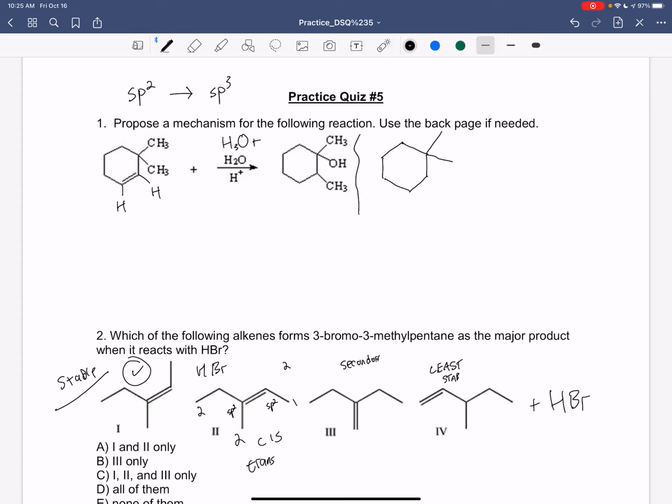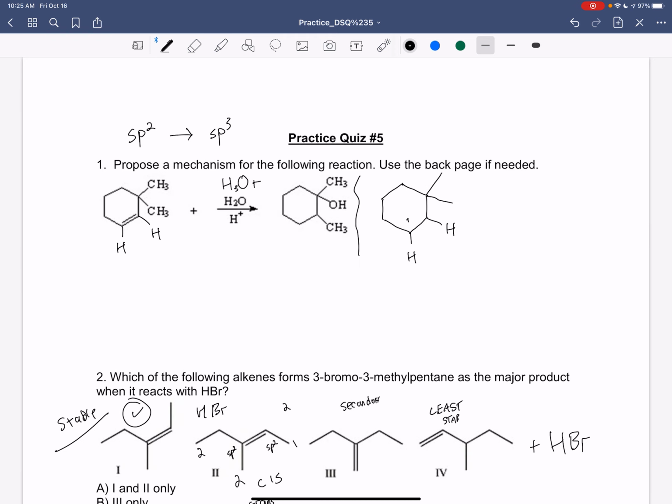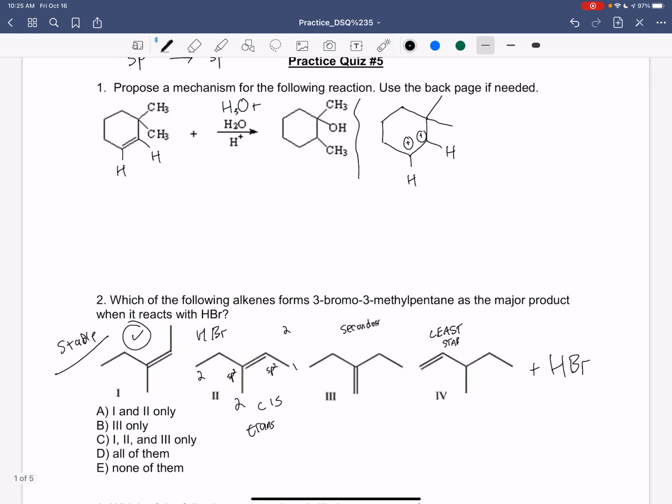Back to what I was saying: we broke this double bond. Both these H's are still technically here. However, just looking at this now, 4, 3, 2, 1, this is not correct. I'm just going to draw this for a second. Both of these would technically have a positive charge.